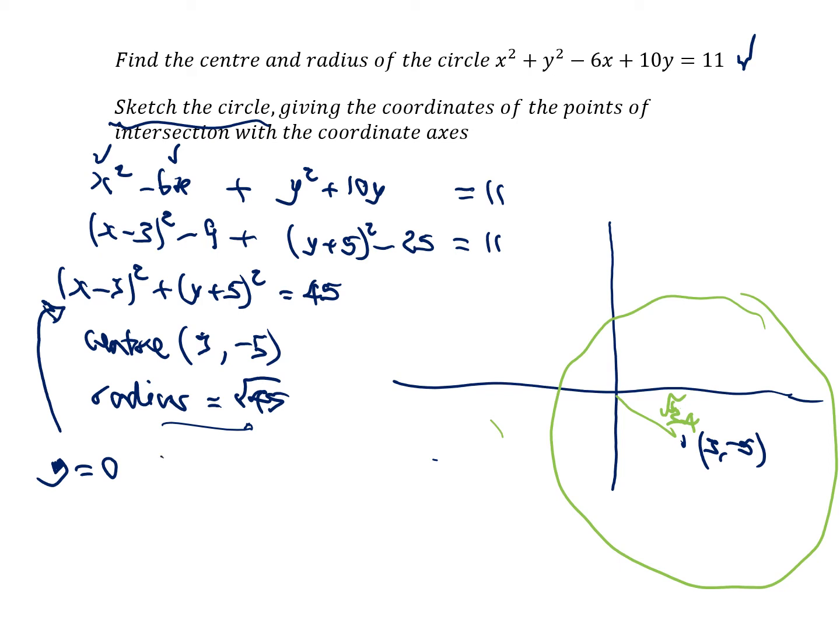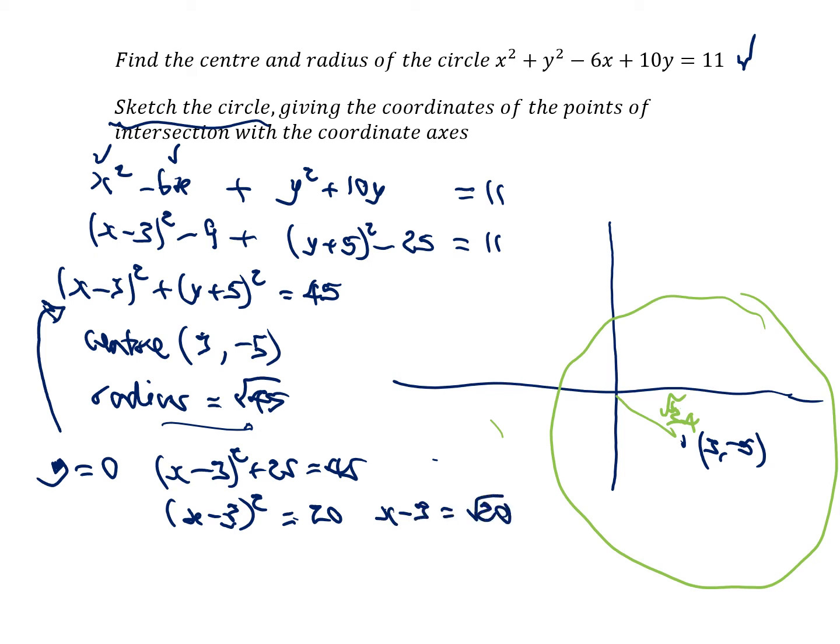So when y equals 0, I'm going to put y equals 0 back into that equation there, and I get x minus 3 squared plus 25 equals 45, which means that x minus 3 squared is 20. x minus 3 is the square root of 20. So that means that x equals 3 plus or minus the square root of 20.